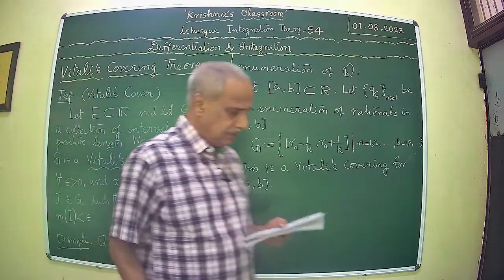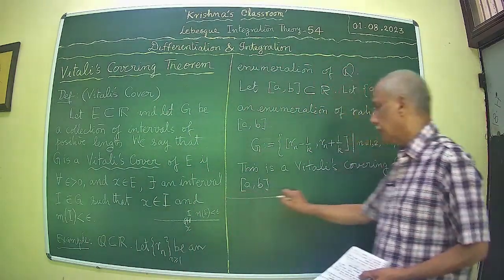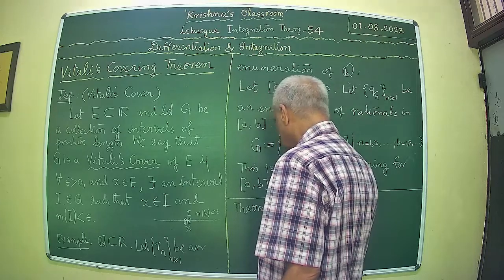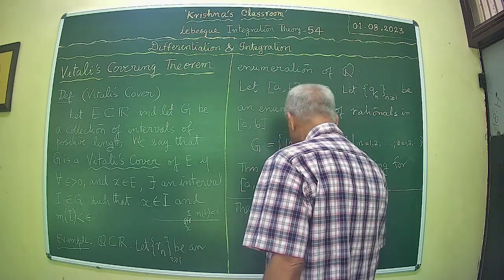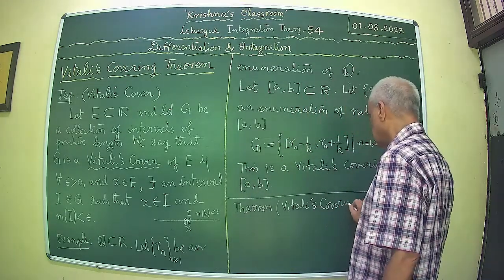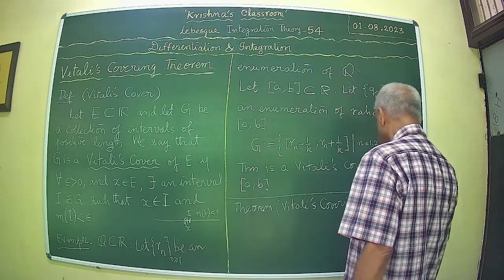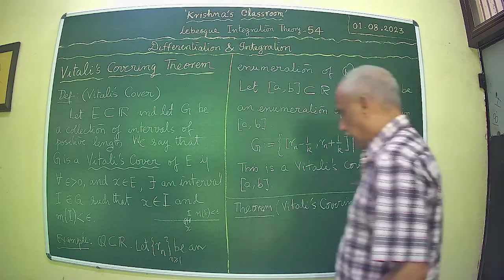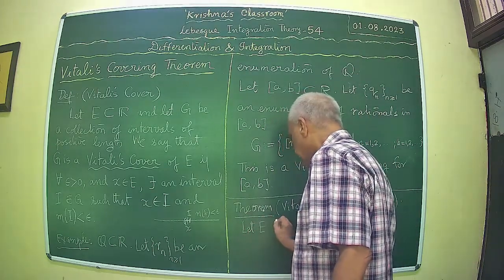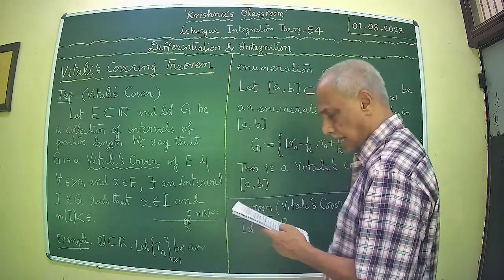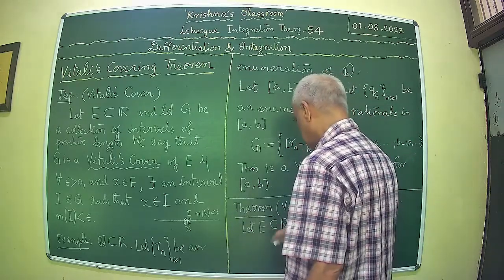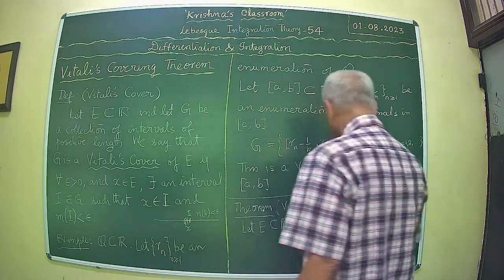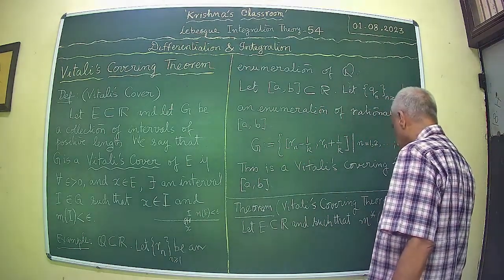So we shall now state Vitali's theorem. Let E be a subset of R such that the outer measure of E is finite.